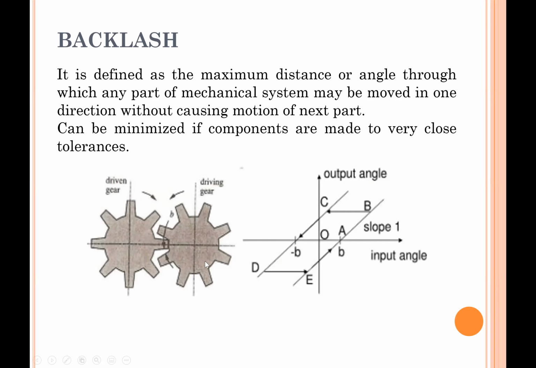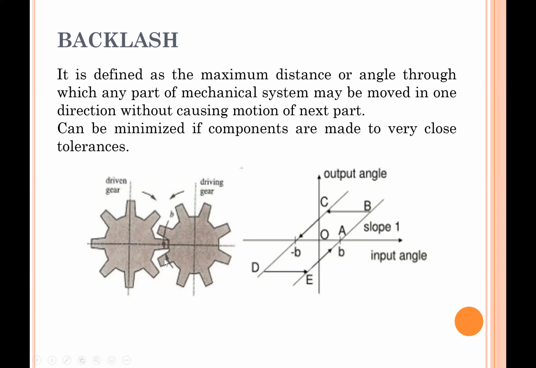So backlash is basically when the mechanical system is used, or you can say when the gear arrangement is used. In the gear arrangement, whenever you want to change the direction of the gears, हम ड्राइविंग गियर की डायरेक्शन जब चेंज करते हैं तो ड्रिवन गियर की डायरेक्शन इंस्टेंटली चेंज नहीं होती, because in between these teeth there is a gap of about 3 to 4 degrees, suppose, very small gap.